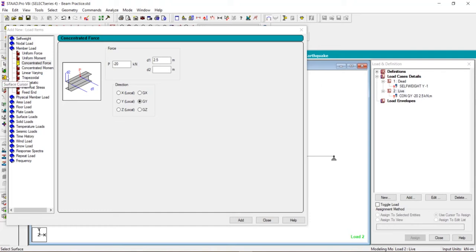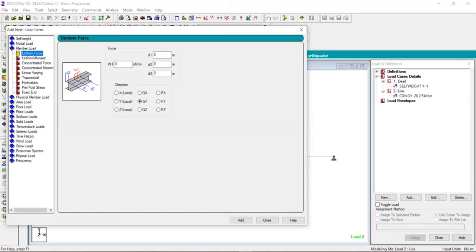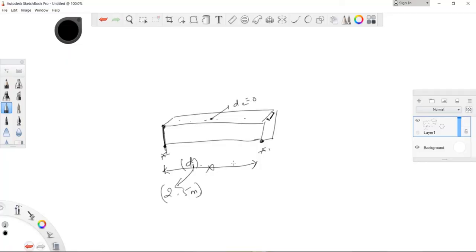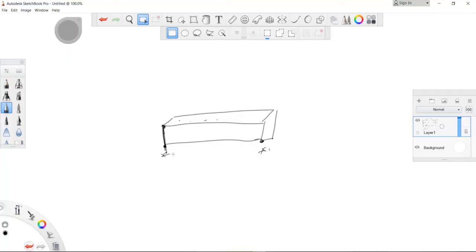Next load that we are applying is the uniform force. Here the uniform force value is minus 10 kilonewton per meter, because we are applying in the downward direction. D1 is the distance from the face of the beam. So let me sketch this again. You can see that this is our beam.